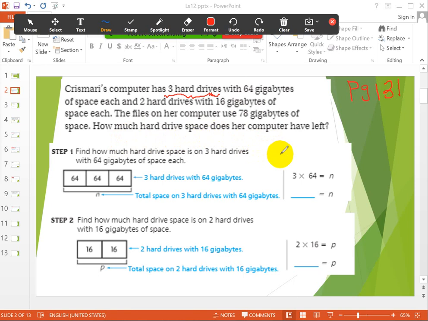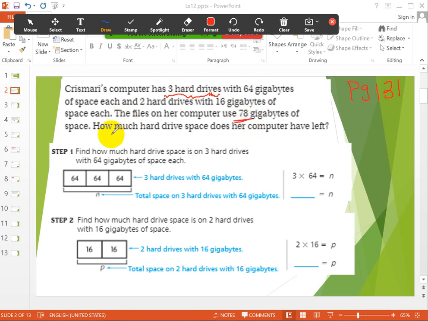Here I want to know the space on this computer according to the hard drives in it, and the space that I will use to save those files. So I need 78 gigabytes to save those files.